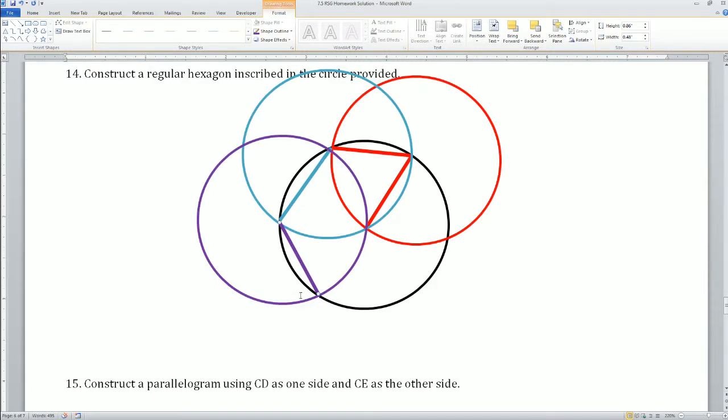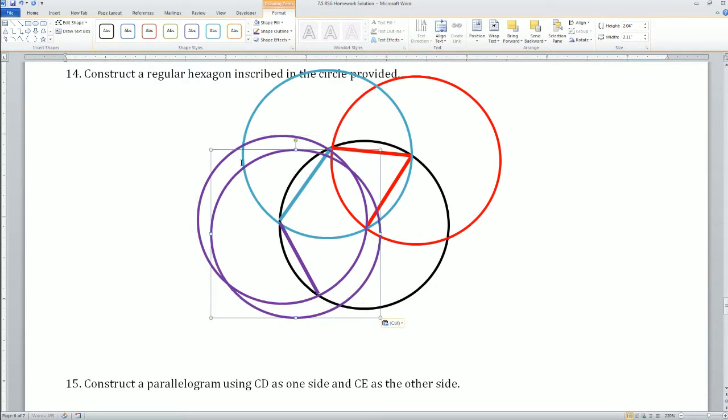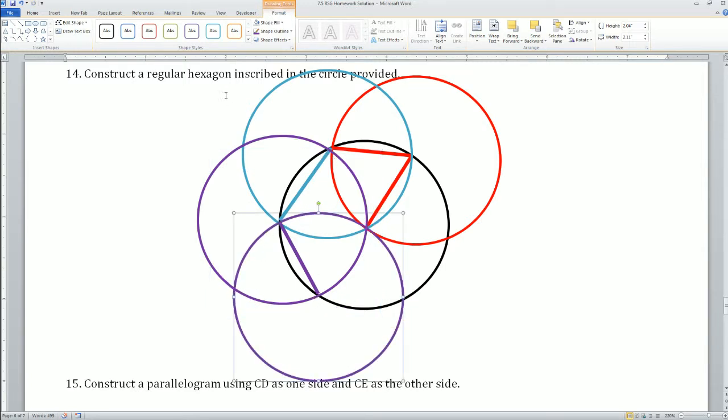Then again, apply that again. The intersection's right there. I'm going to make this one orange. It goes from the center to the outside. Okay, make that orange.